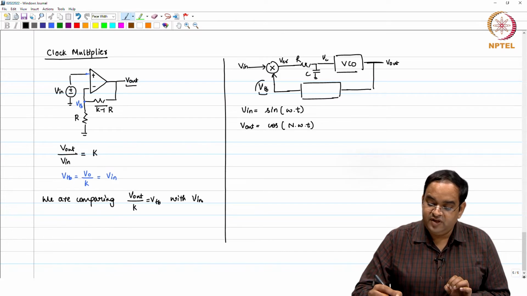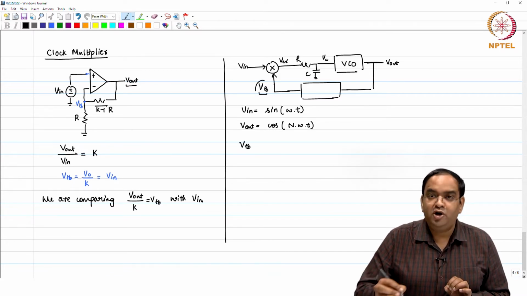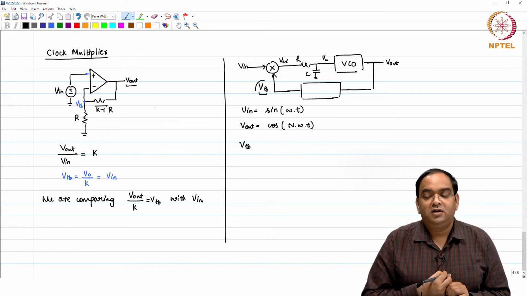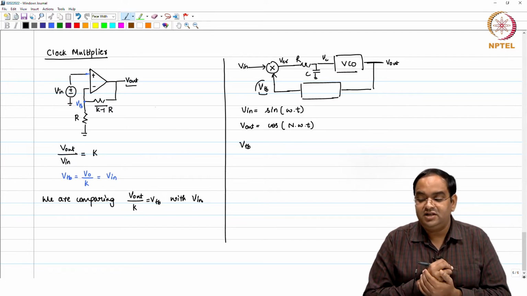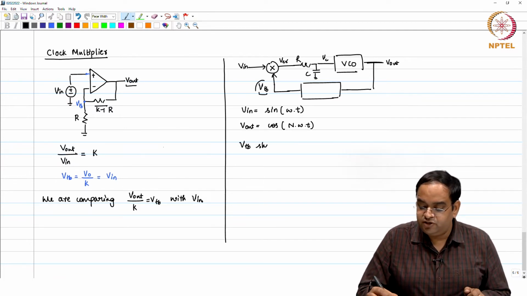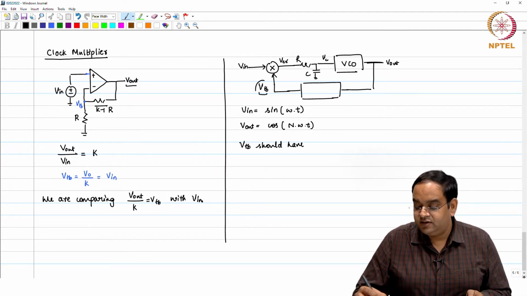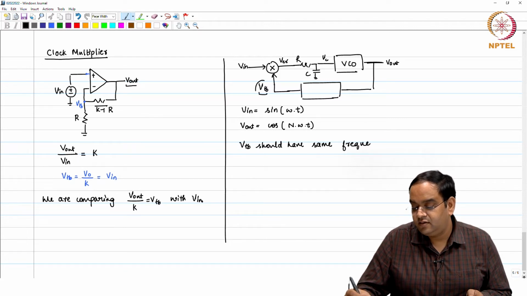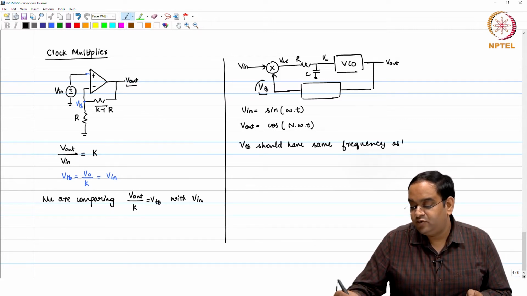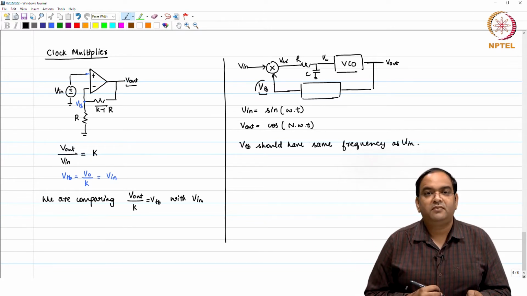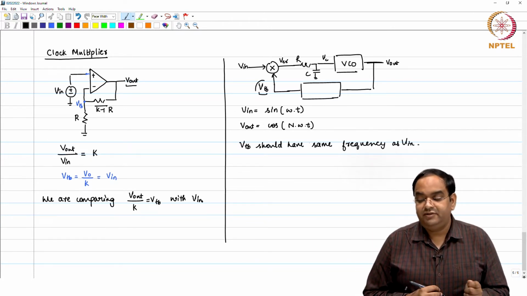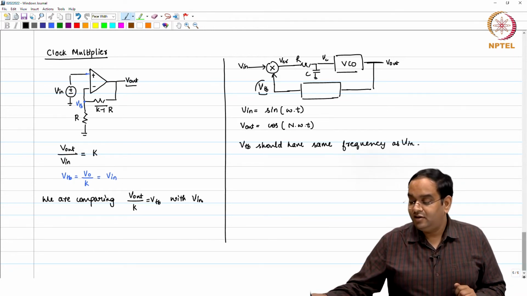The VFB signal, if we want to lock and reach steady state, should have the same frequency as V in. That means I have to divide the frequency.